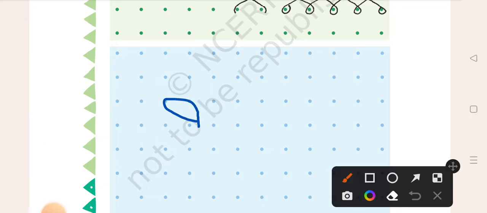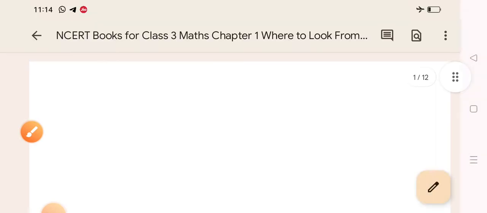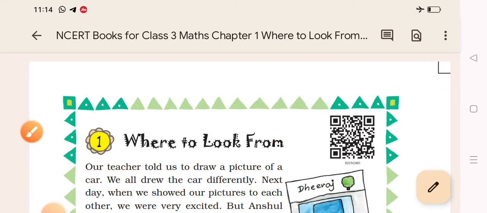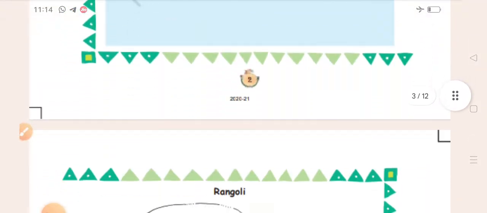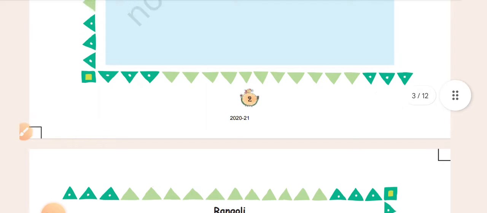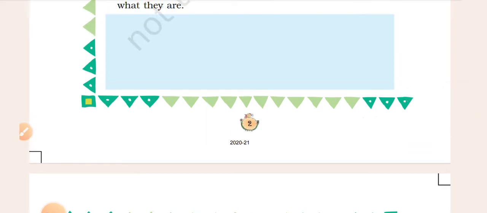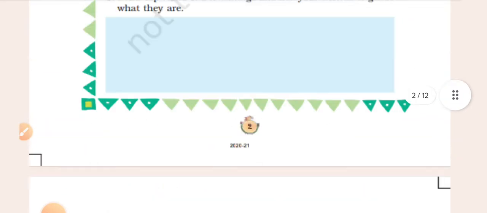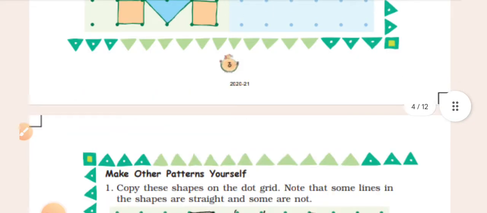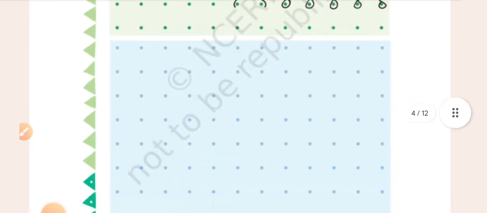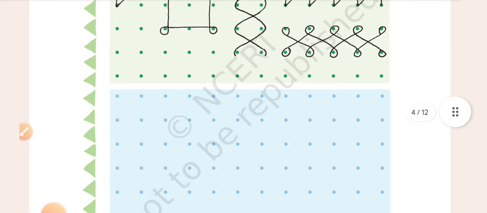The leaf will look like this. You can do this work yourself.